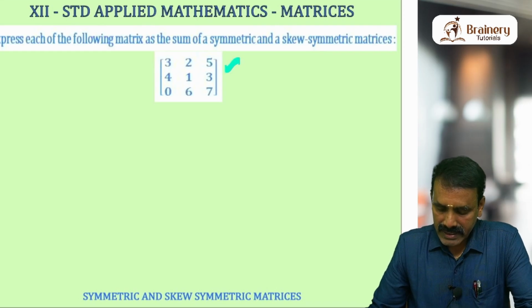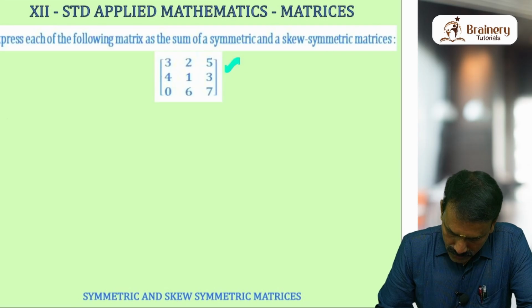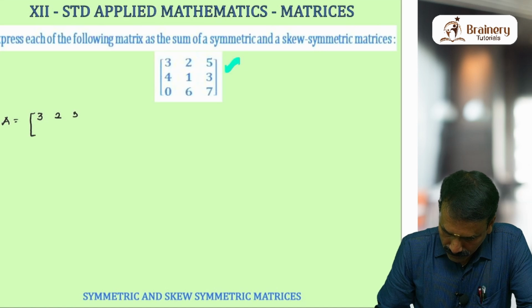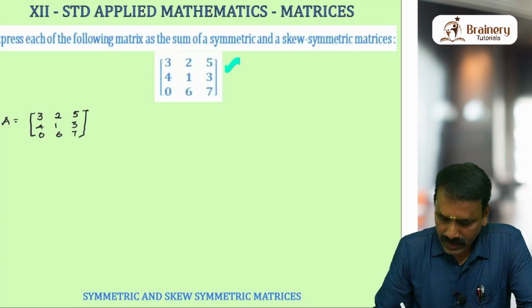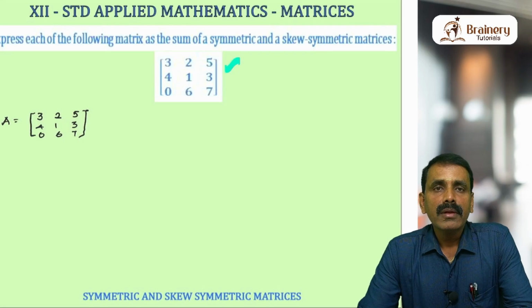We take the given matrix as A. A is equal to [3, 2, 5; 4, 1, 3; 0, 6, 7]. And we know how to write this matrix as a sum of a symmetric and a skew symmetric matrix, because we have done it in the previous problem.